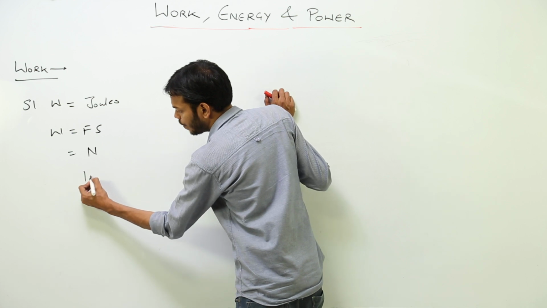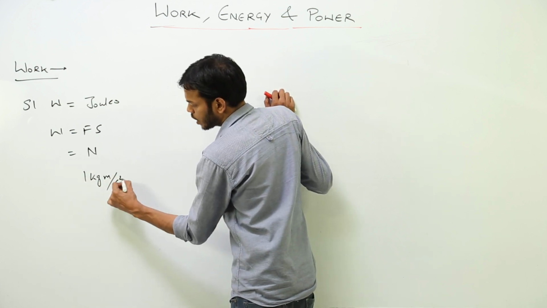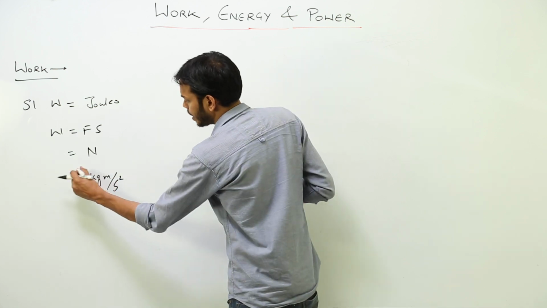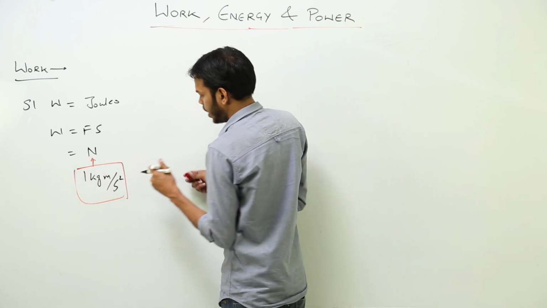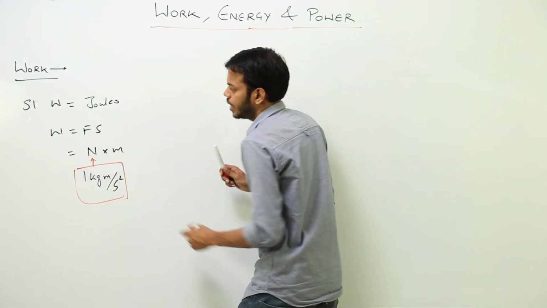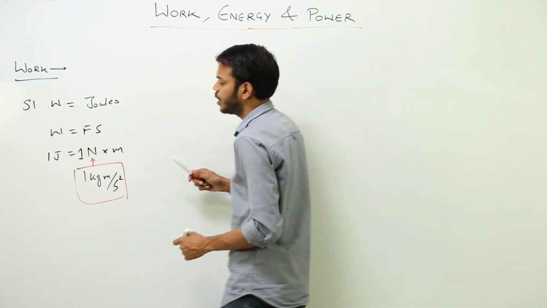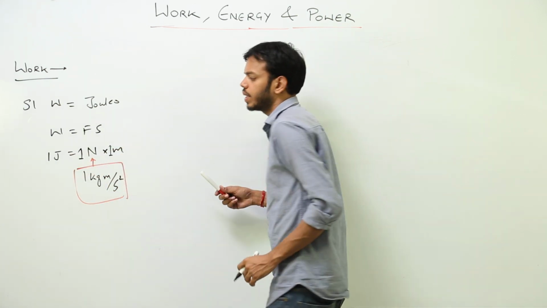So I'll write it here, 1 kg into meter per second square. This complete thing is a newton, and displacement is in meters. So 1 joule is 1 newton into 1 meter.